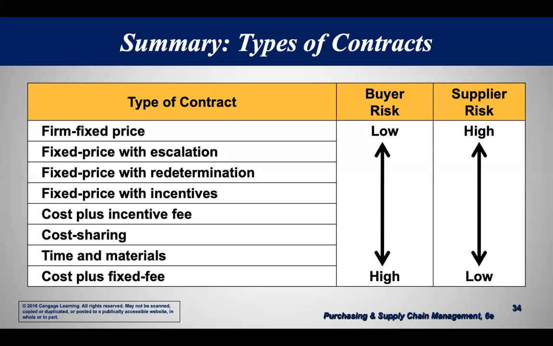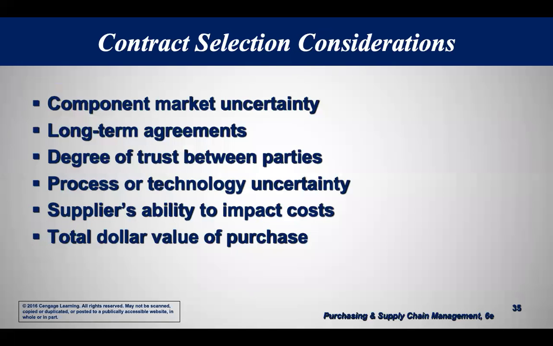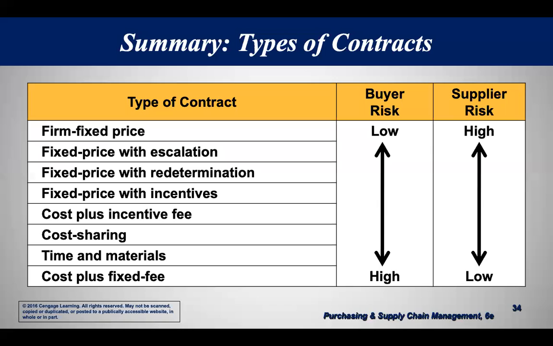And so as you go to less structured pricing, that gives the buyer more risk and the supplier lower risk, okay? But there's another factor that comes into play here, and that is time, which I guess we'll come to later. But how long a contract is it? And that also changes the risk profile as well. But in general, this is how it looks. The firm fixed price is lowest risk for the buyer and highest risk for the supplier.